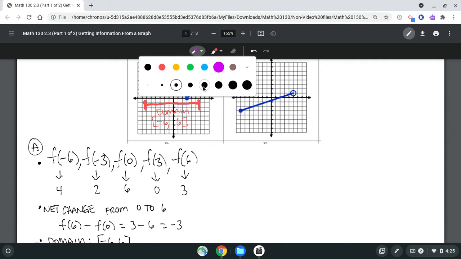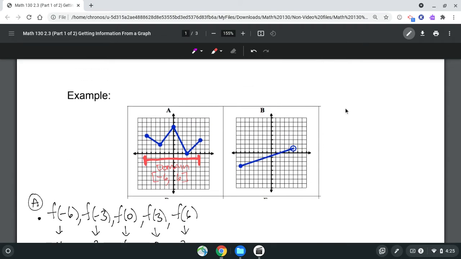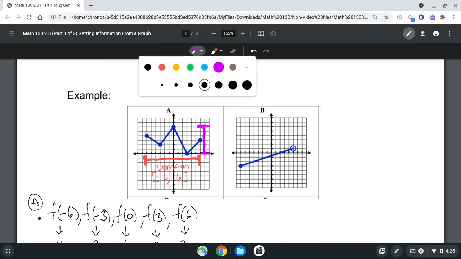Okay, and so here, our range, this is the lowest point right here, okay? And the highest point is right there. So this is going to be our range, okay?